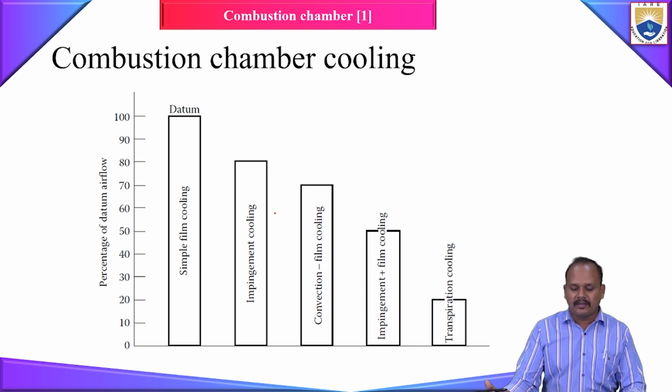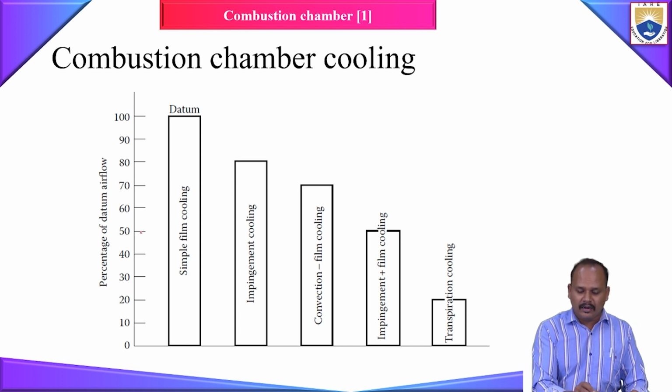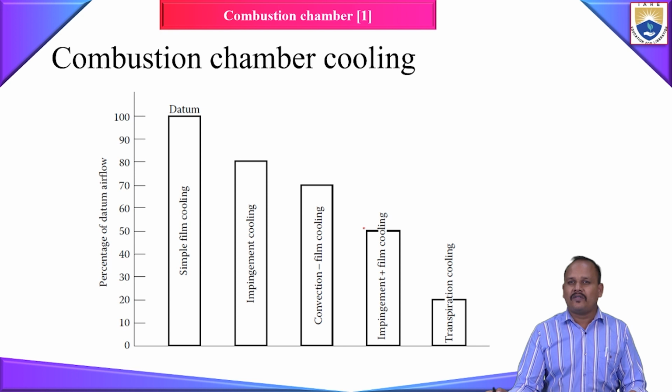That's what I said previously. Comparing impingement and convection film cooling, convection film cooling is better because it requires less air. The next one is impingement plus film cooling. If I combine both, it requires an even lesser amount of air. You see, we need hardly 50% of the air required by simple film cooling.